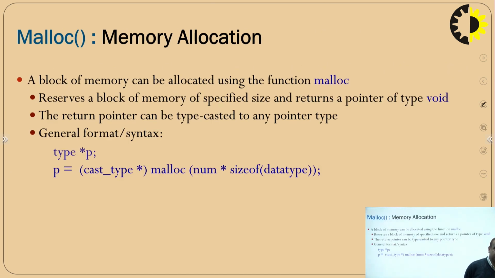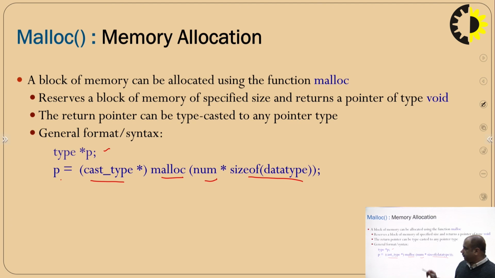First, we talk about the first function, that is the MALLOC function. MALLOC means memory allocation. A block of memory can be allocated using the function MALLOC. It reserves a block of memory of specified size and returns a pointer of type void, so the returned pointer can be typecast to any pointer type. The general format is: type star p, then p equal to cast type pointer, MALLOC, then the number of elements and the size of each element.